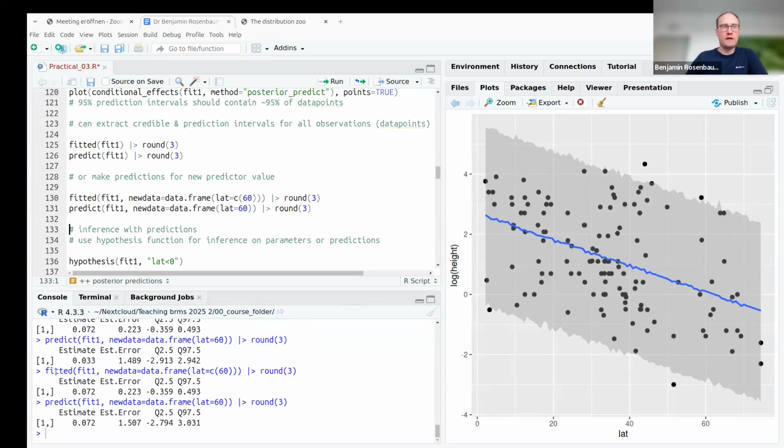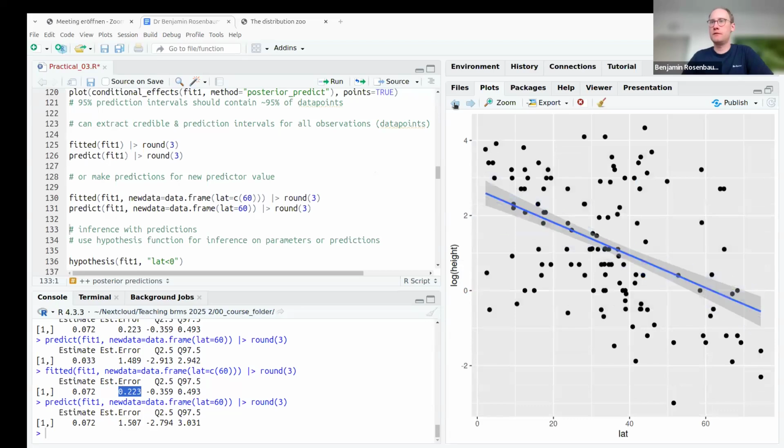So here, this is the fitted. So this is just the mean regression line. So it should be here at 60 and some standard error, which is kind of small because it comes from this one. So this is that uncertainty here.